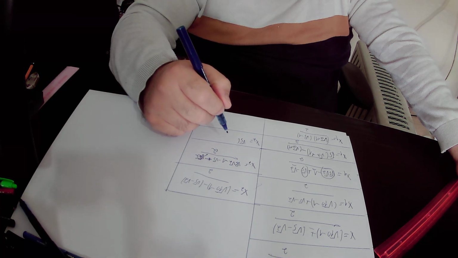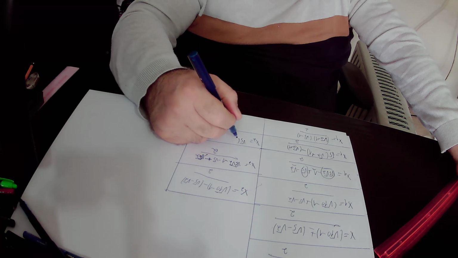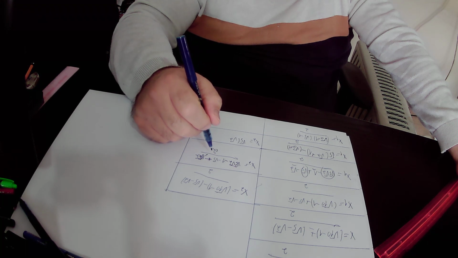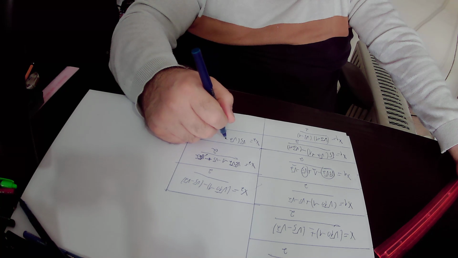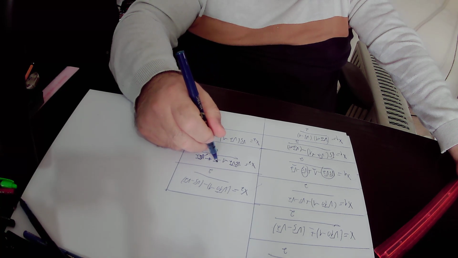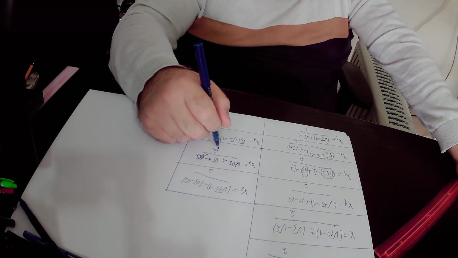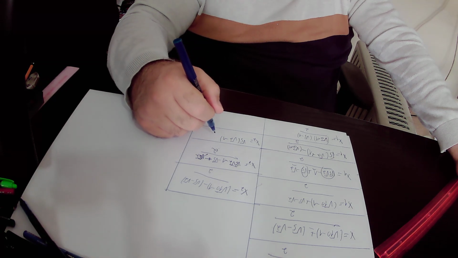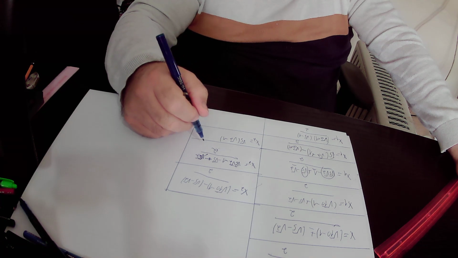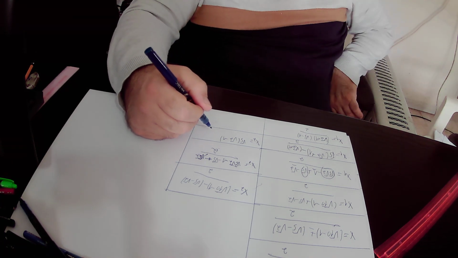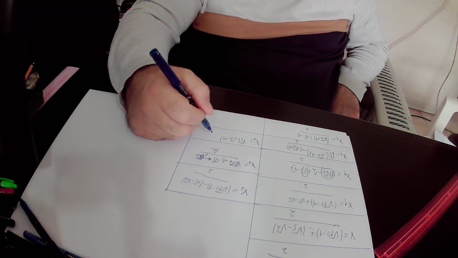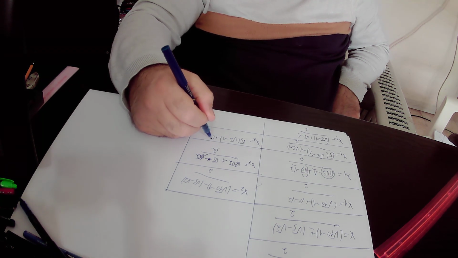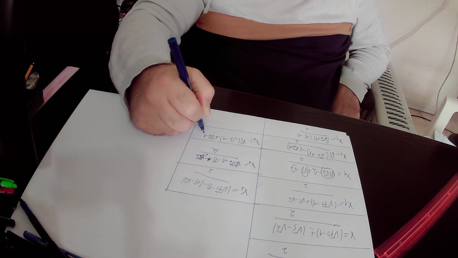Inside the brackets we will have square root of 2 minus 1, and what is left here is actually square root of 2 minus 1, all divided by 2.